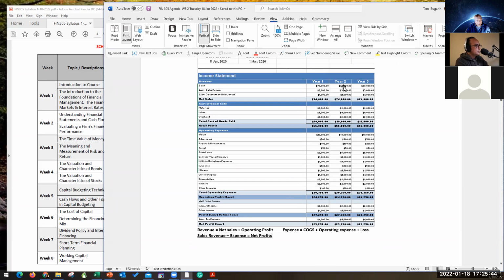This is extra, years 2 and 3. The reason they include years 2 and 3 is to see trends of how revenue, cost of goods sold, operating expenses, and operating profits have moved. That's one of the valuable things about looking at a company's health.